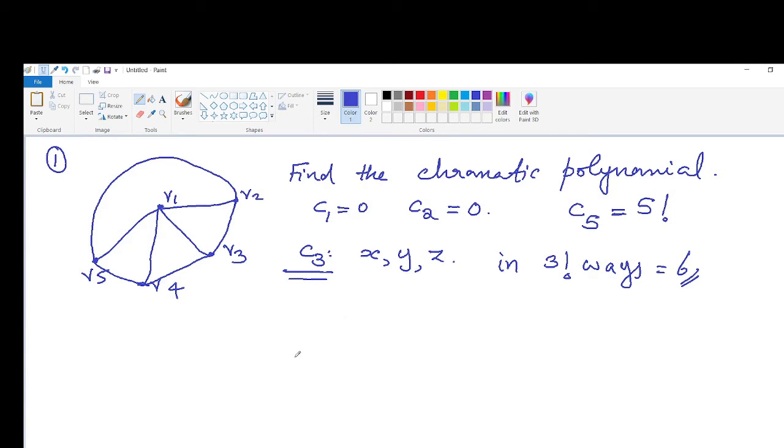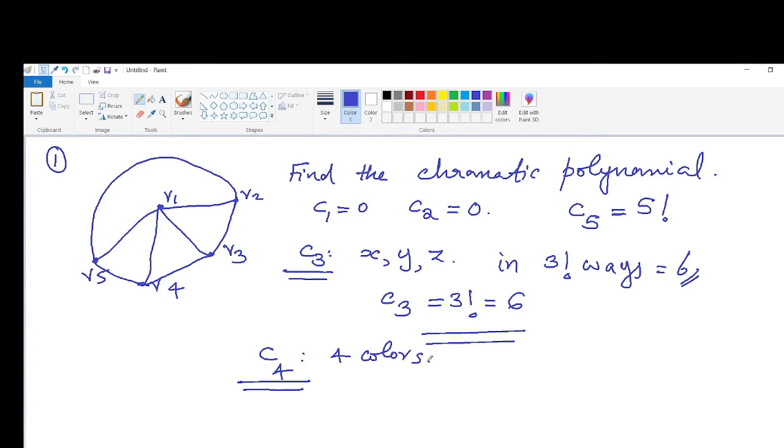Now V5 must be colored with the same color as V3 and V4 with that of V2. So here you can see that C3 equals 3 factorial equals 6. So it is the maximum possibility. Now how to find C4 here? That means there exist 4 colors.